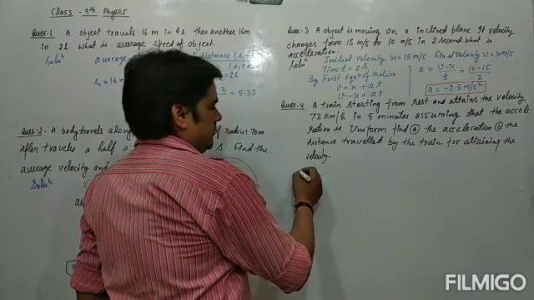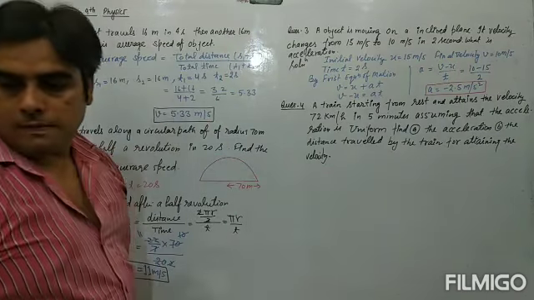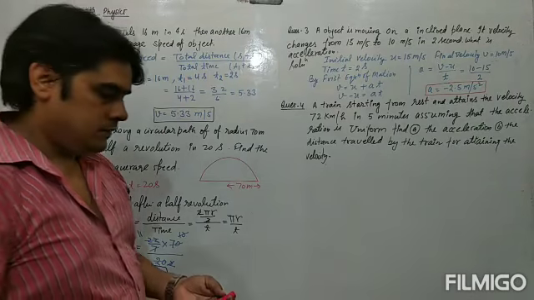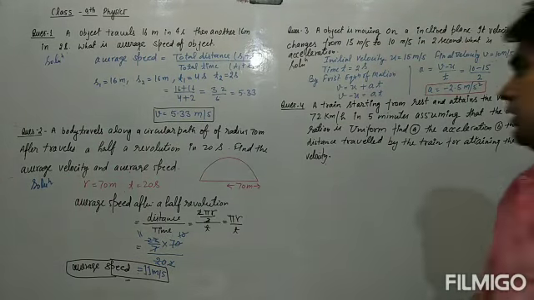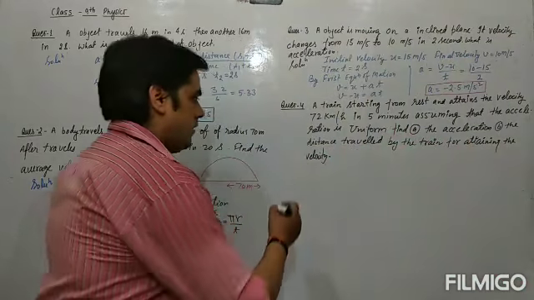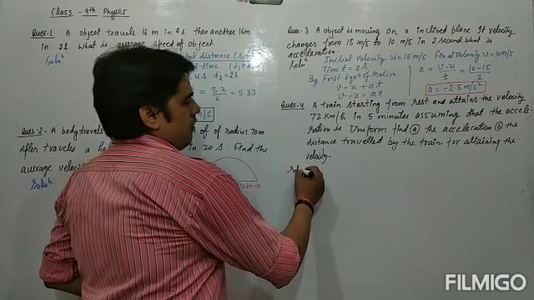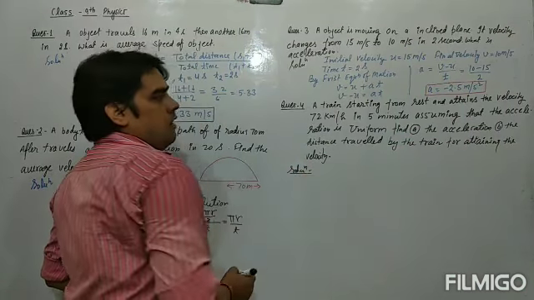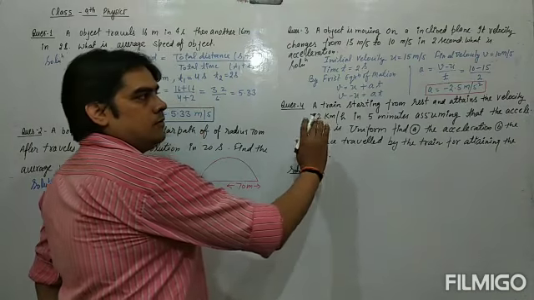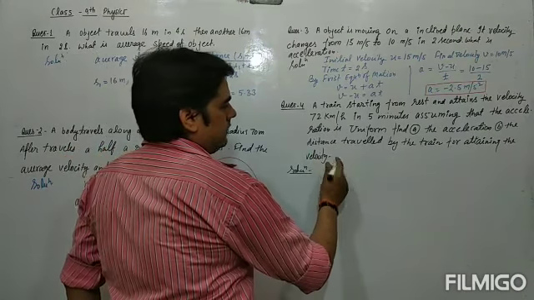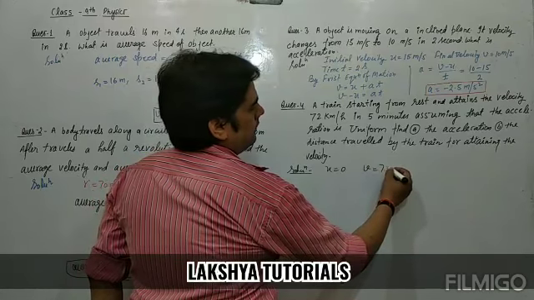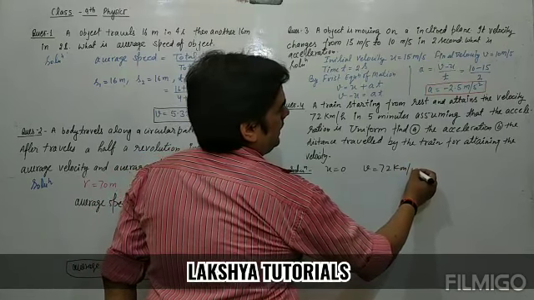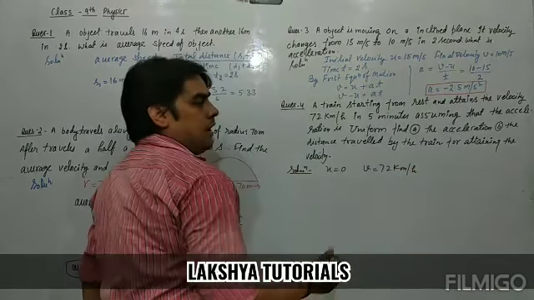Solution: started their motion from rest, that means u is equal to 0 and v is equal to 72 km per hour.